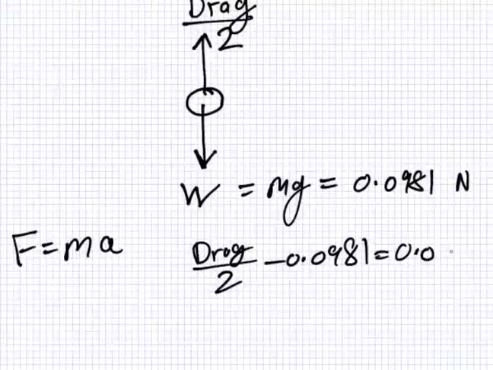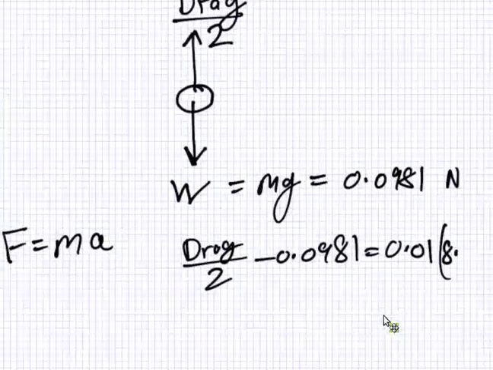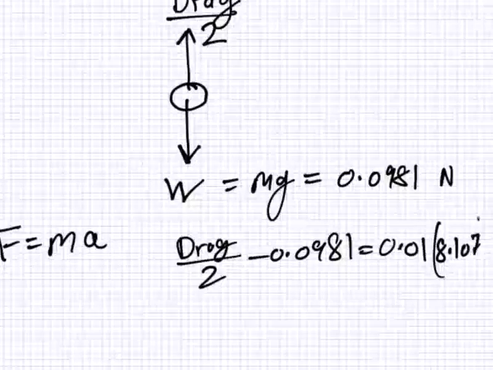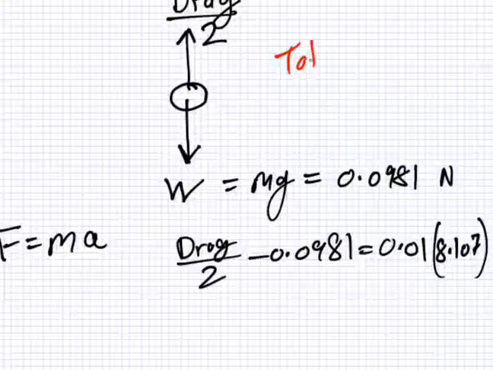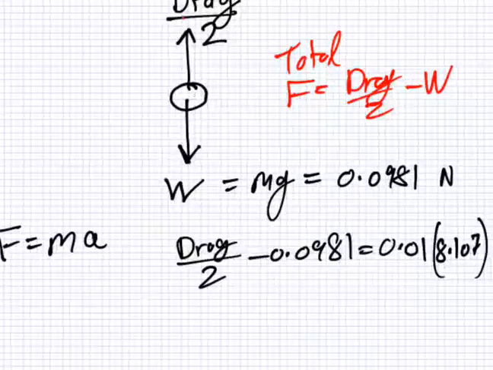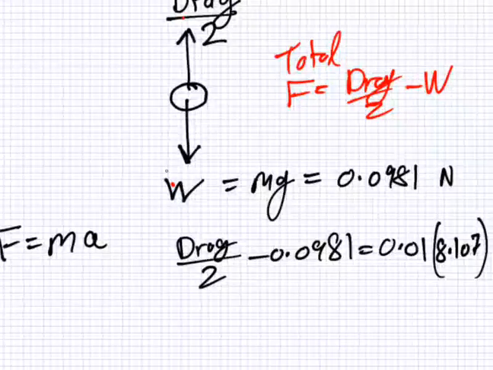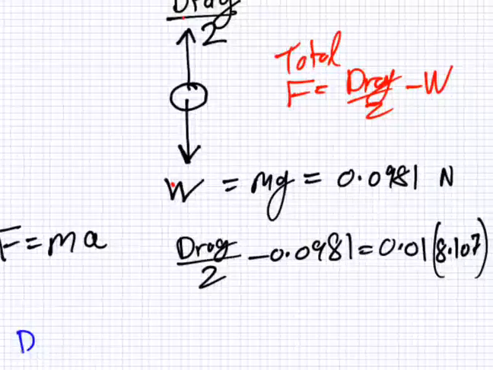Okay, the weight is mg, which is 0.01 times 9.81, which is 0.0981 newtons. So you can say F equals ma, so drag over 2 minus 0.0981 equals ma equals 0.01a.